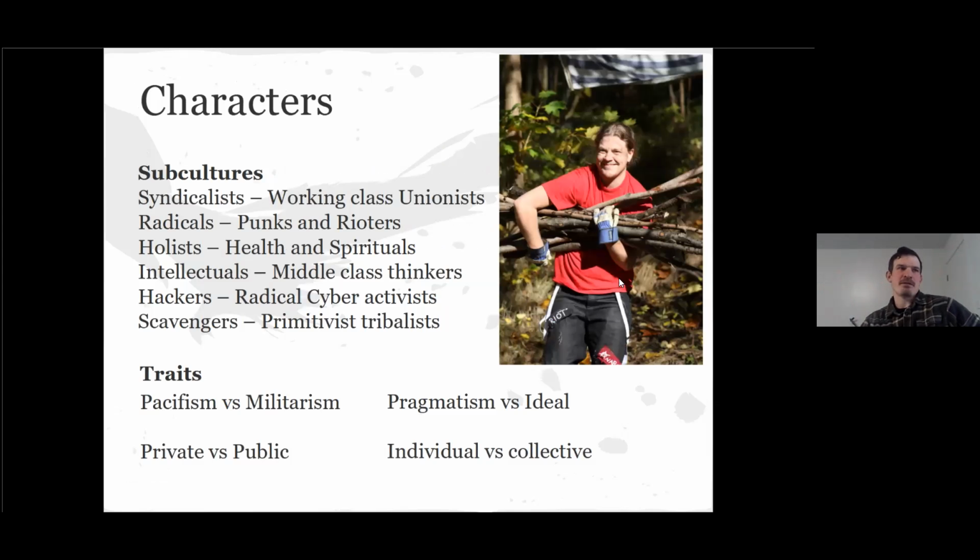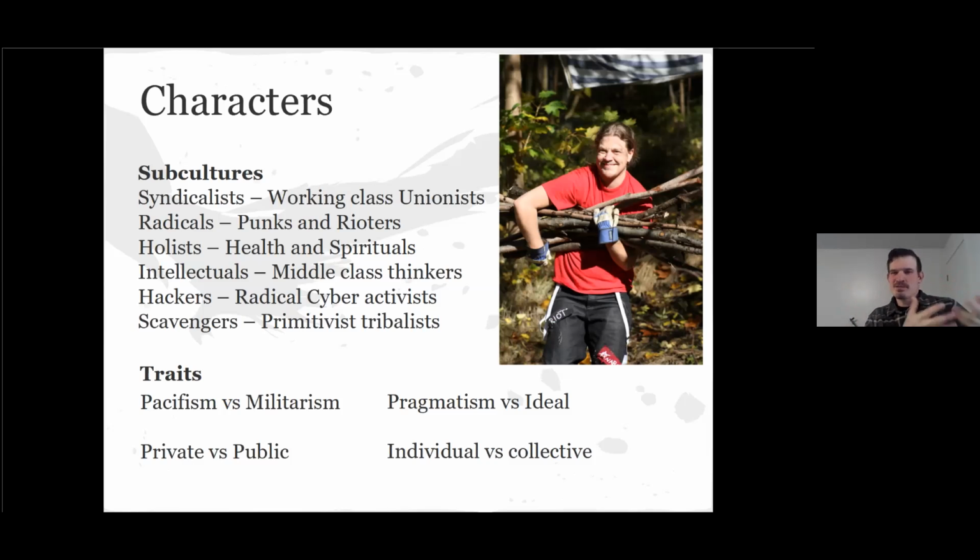The way we created characters, we had six different subcultures from the radical left, and you chose a subculture because it would be easier to just plop into an archetype, basically.